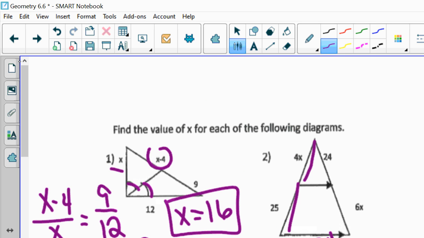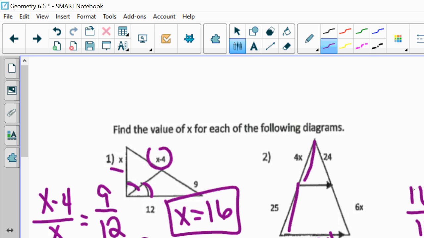Number 3, I've got the 3 parallel lines with my transversals in here. So I could say this one over this, so 16 over 18 would equal 3x plus 11 over 36. Cross multiply, 3x plus 11 times 18 equals 16 times 36.